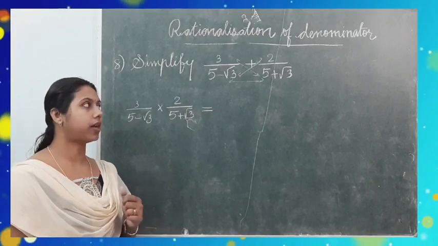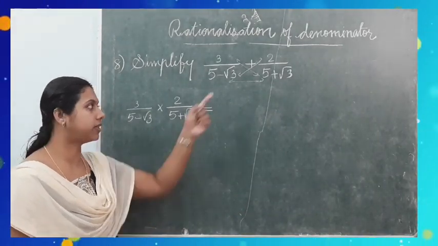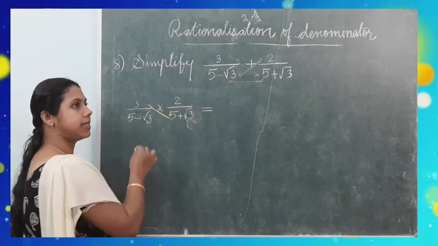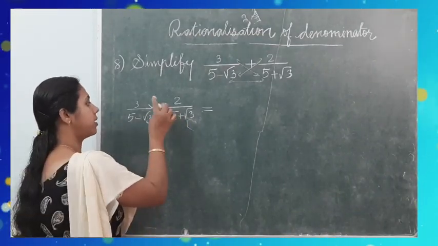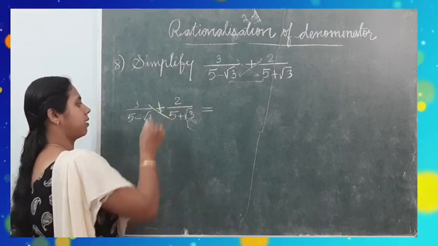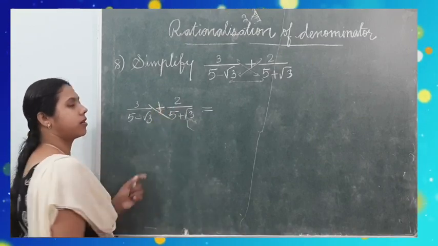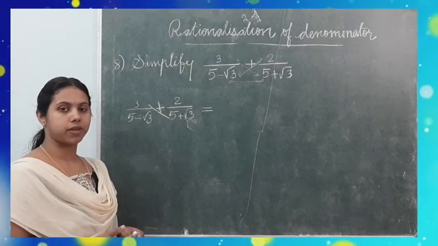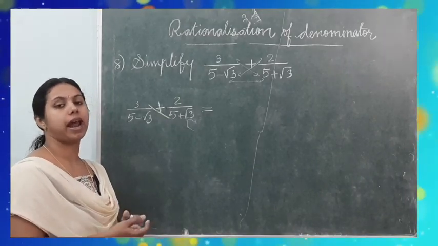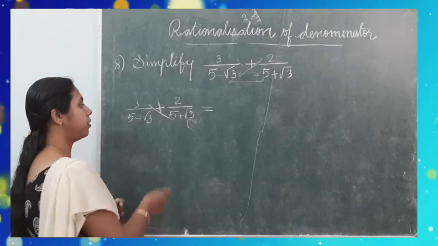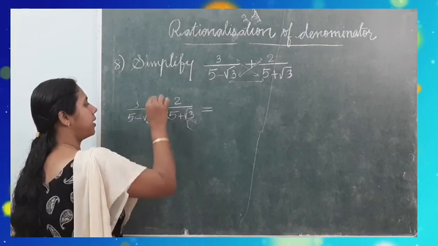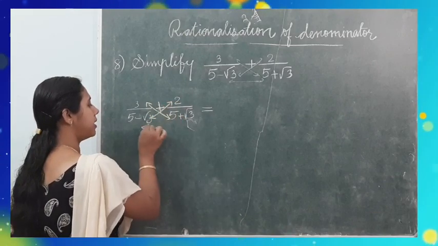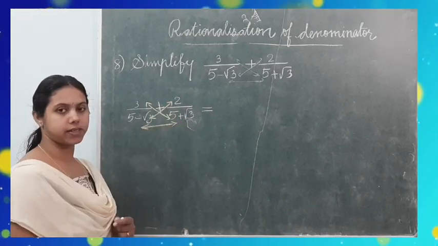The same question you can solve with the shortcut which I told first. You can use the LCM to add these two. Here it is addition. We know how to add two fractions: we use the LCM and add the numbers. The same method can be used here also. The shortcut is to cross multiply and multiply the denominators.